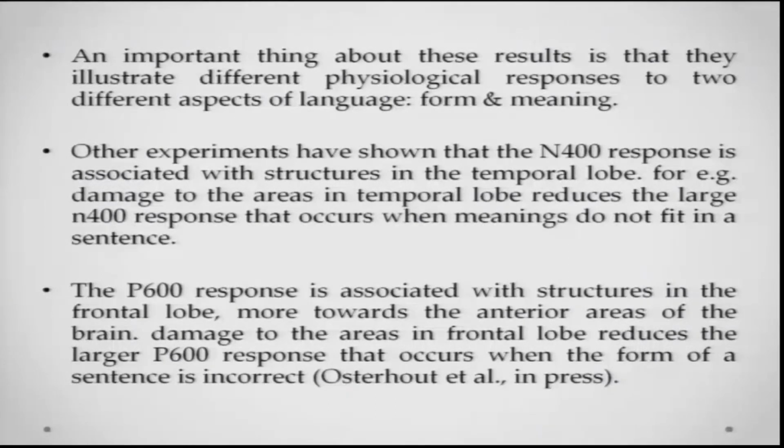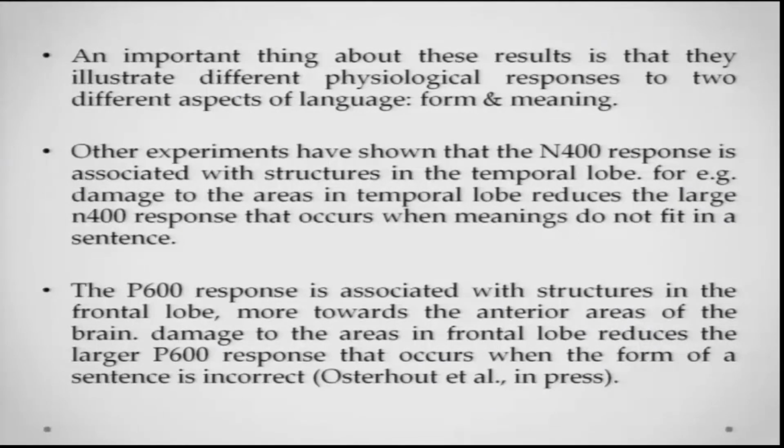Other sets of experiments have also shown that the N400 response is associated with structures in the temporal lobe, and damage to areas in the temporal lobe reduces the N400 response that occurs when you come across sentences like "the cats won't bake," or, for example, "the cats eat stone." The P600 response has been associated with structures in the frontal lobe, more towards the anterior parts of the brain.